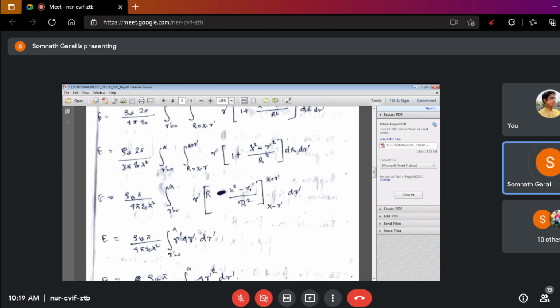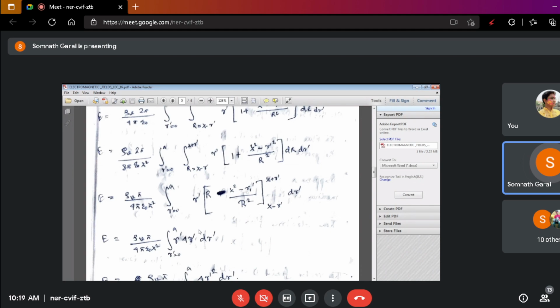Okay, then if we divide it, capital R square by capital R square will become 1, right? So 1 plus z square minus small r dot square by capital R square dr, right? Then if we integrate with respect to dr, 1 into dr will give r.